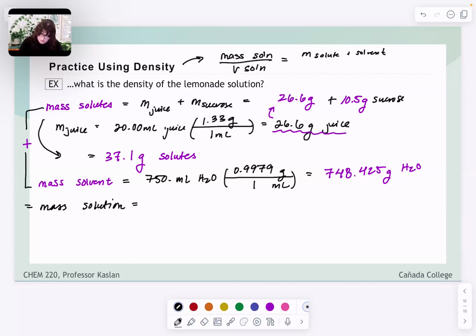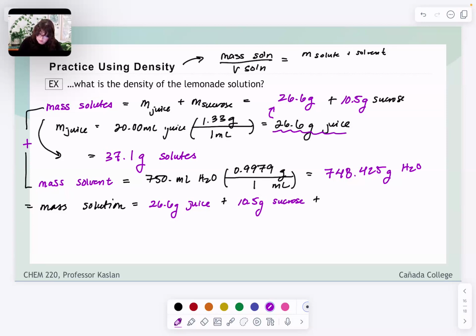So we've got our 26.6 grams of lemon juice, one of our solutes, plus the 10.5 grams of sucrose, sugar, plus our mass of our solvent.